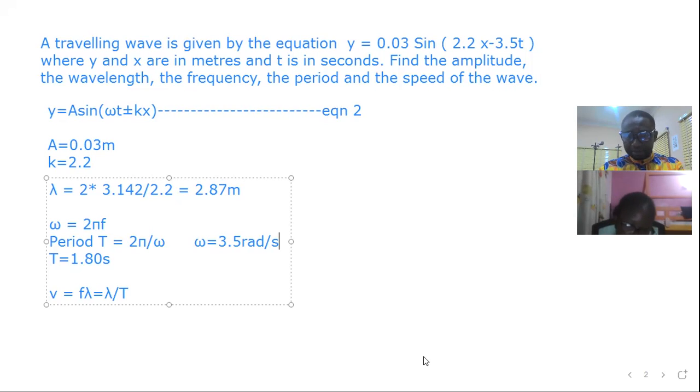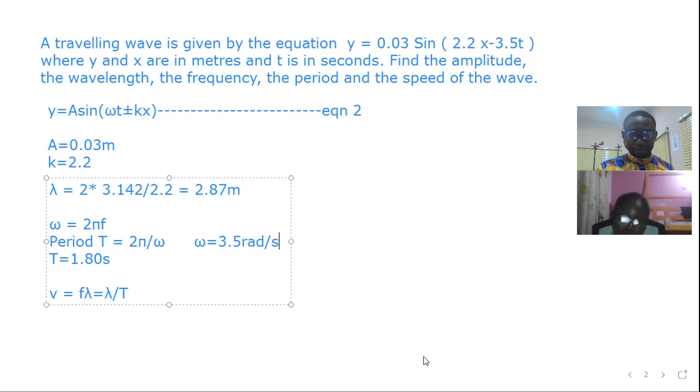And I said the V is equal to the wavelength over the period. Then V is now equal to frequency times lambda. Did you remember that? I guess we solved the question on that. Yes, the last time we met.